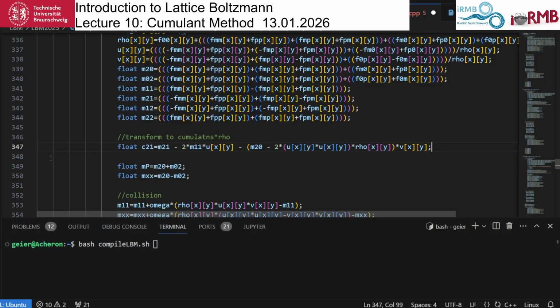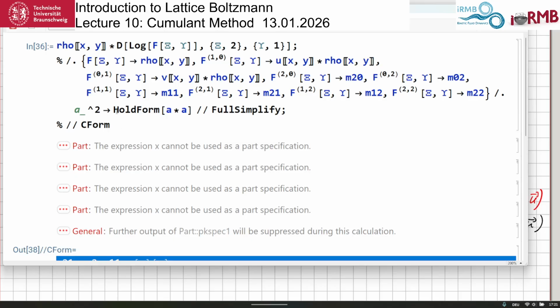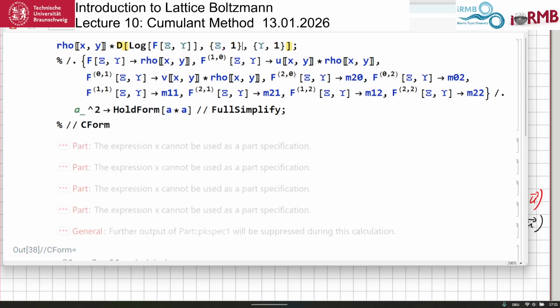So now this is here the transform to this cumulant, yeah? And it's already in the format that we need because Mathematica was helping us with this, even though it was complaining because we are trying to address something that it cannot resolve. Okay, sometimes we have to live with complaint, yeah? I also sometimes have to live with complaint from my students.